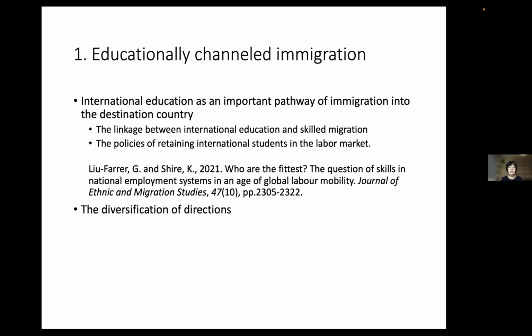And Australia has famously tried to channel international students into its labor market. It created all kinds of programs, try to use them as skilled migrants. Why? Because international students, through education, through schooling in the destination countries, acquired the language and the cultural competencies. So they are considered desirable skilled migrants.